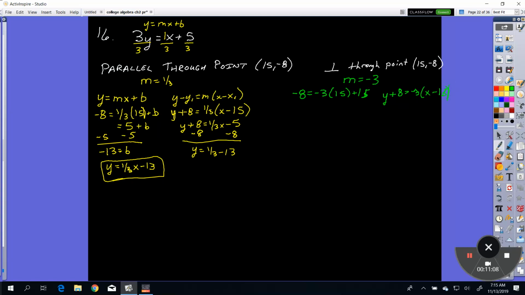Whoops, hold on. This isn't supposed to be 15 here. That's supposed to be b. So that's b. -3 times 15 is -45. So I add that 45 to the other side.